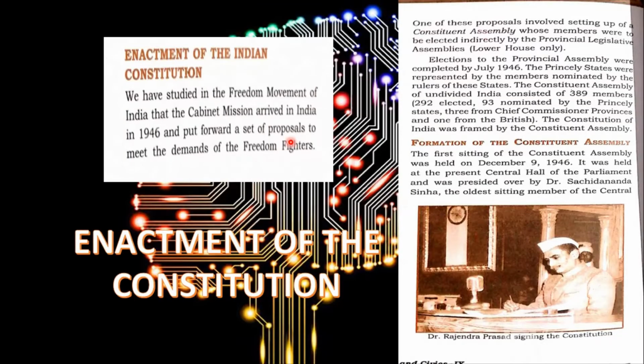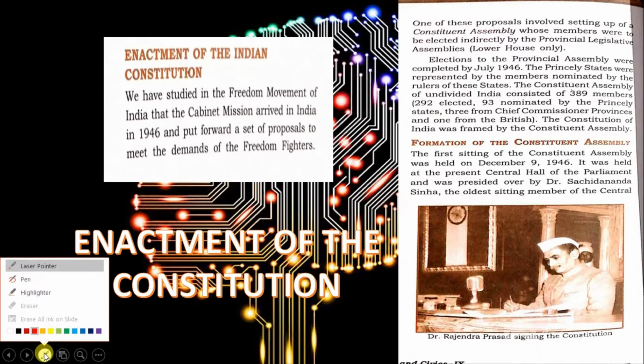Next, we are going to learn about the enactment of the Indian Constitution. We have already studied in the freedom movement of India, in the earlier chapters in grades 8 and 7, that the Cabinet Mission arrived in India in 1946 and put forward a set of proposals to meet the demands of the freedom fighters.